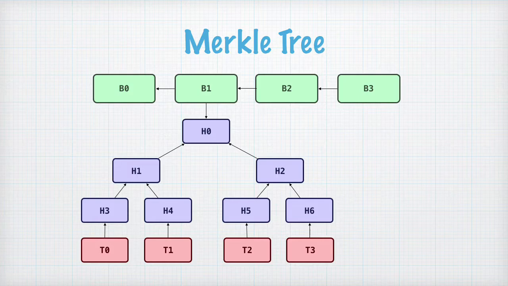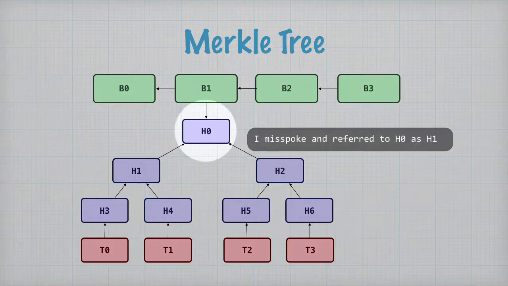It's called the Merkle Tree. And this is based on the fact that the hash of an individual block is not actually dependent on the transactions themselves, but rather on a hash of the transactions called H0.